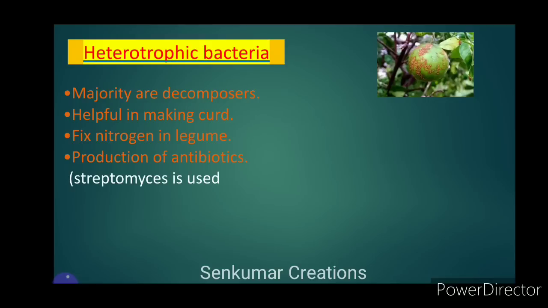You can see the first one: it is helpful in making curd, for the preparation of milk products like yogurt and cheese. Everything is because of the bacteria present in them. Then there is nitrogen fixation in legume plants, and the production of antibiotics, which is much used in the medicinal field.